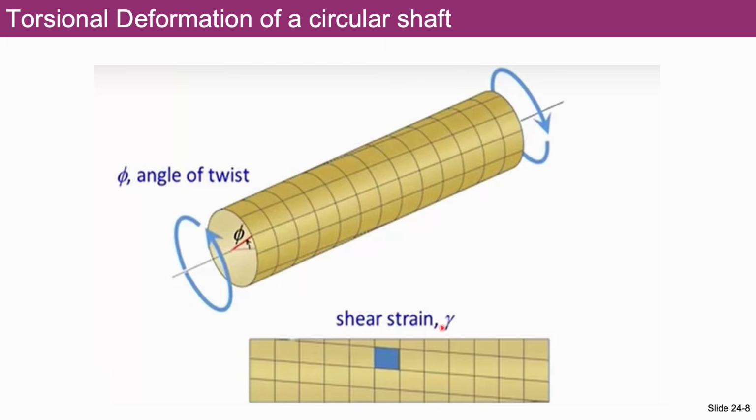Gamma represents the shear strain, and this phi represents the angle of twist. This red line that I drew earlier changed its position from this point to this current point, and this is known as angle of twist.